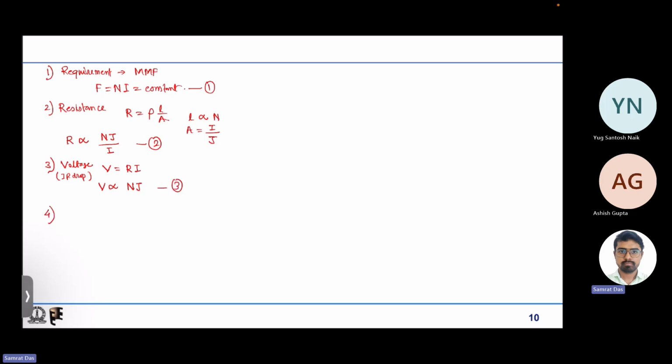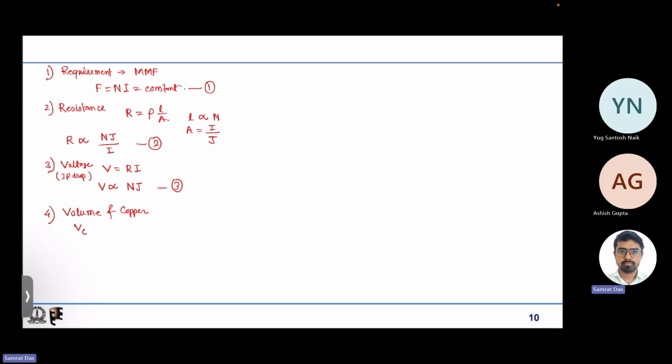Fourth equation I discussed is about the volume of copper. That is also another important criterion, because copper has some value to it, so we cannot put more copper than necessary. So we want to get a quantitative idea about how much copper we are using.